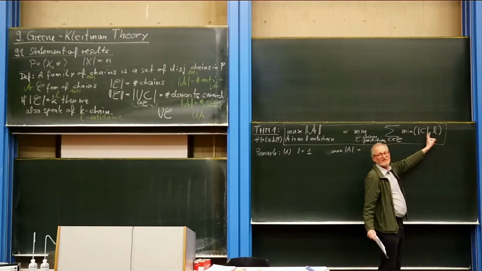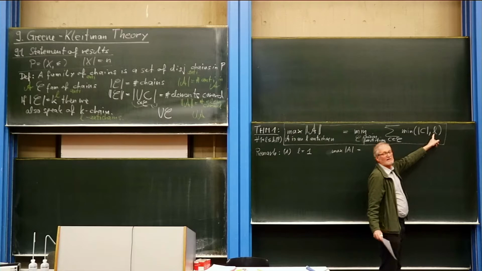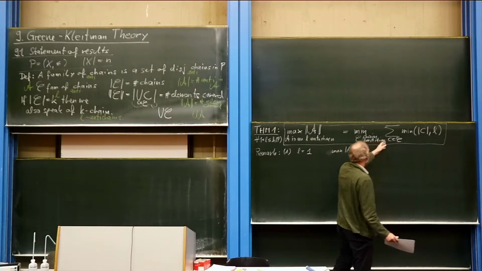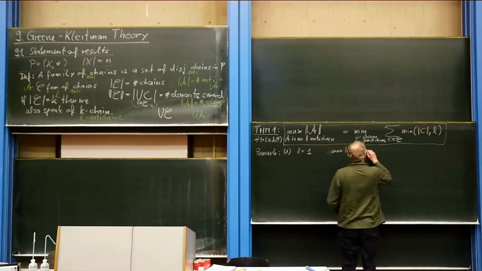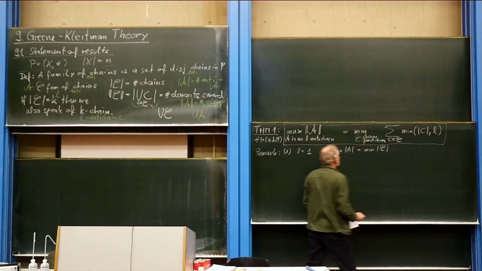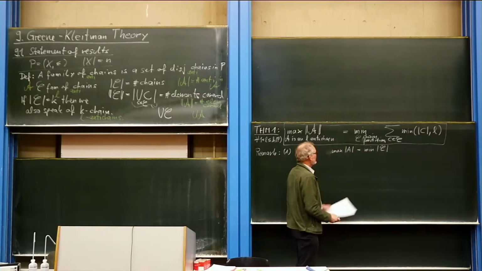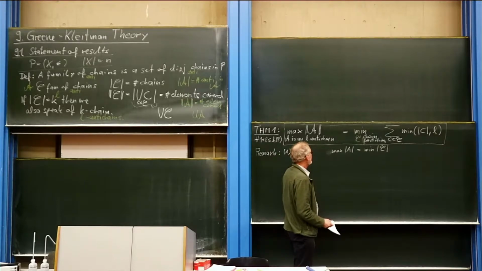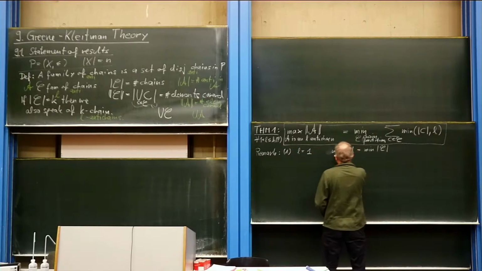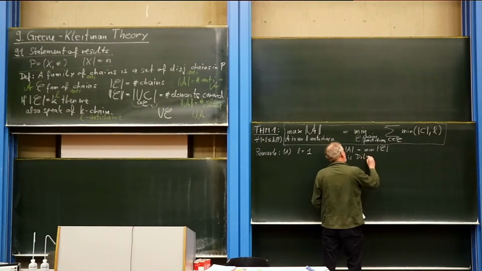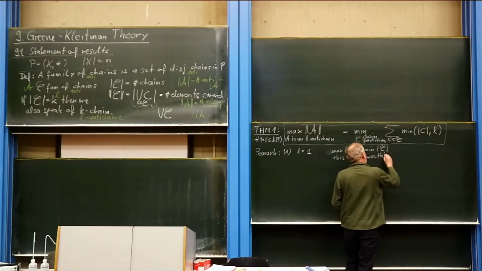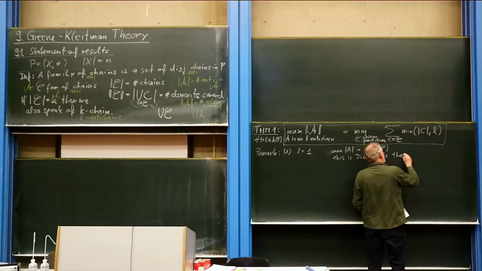So the minimum of the size of the chain and 1 is always 1. So we just count the number of chains. So it is equal to the minimum of the number of chains in a chain partition, and this is Dilworth's theorem.